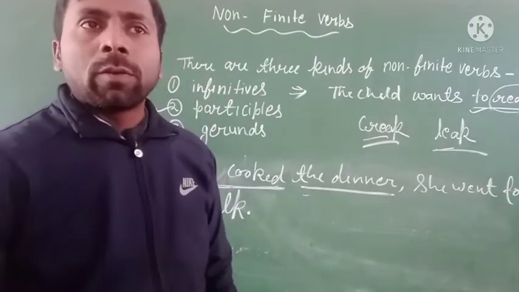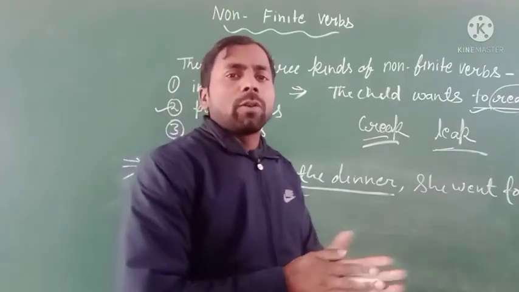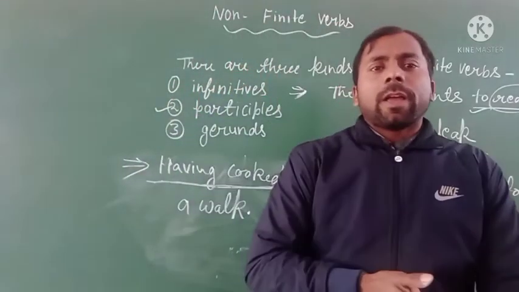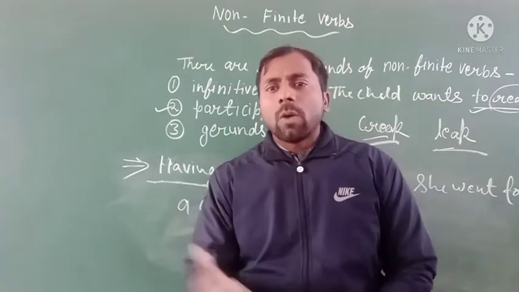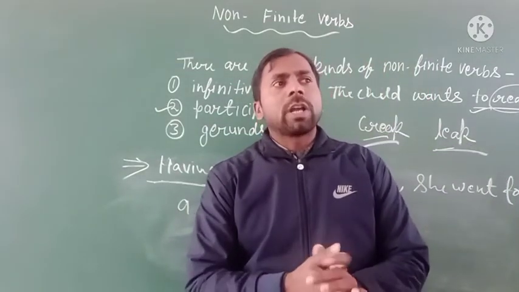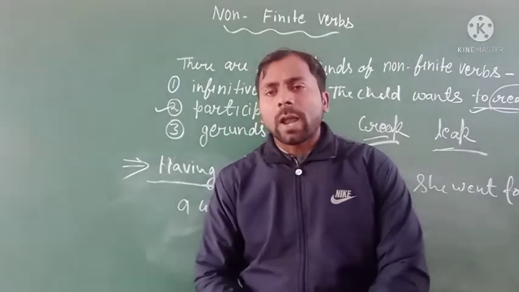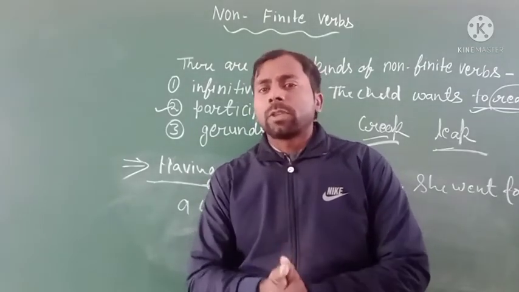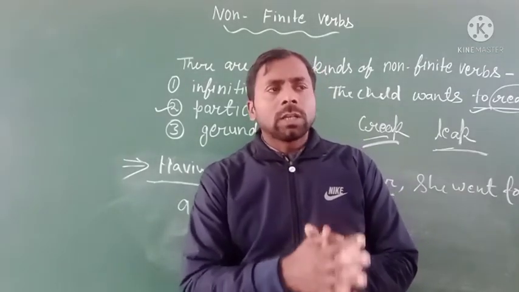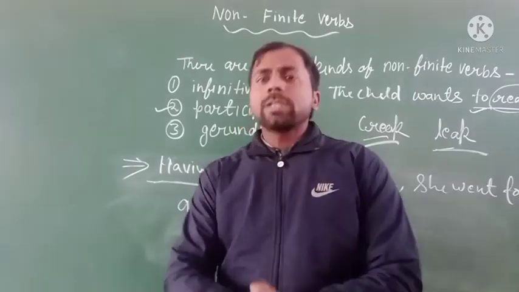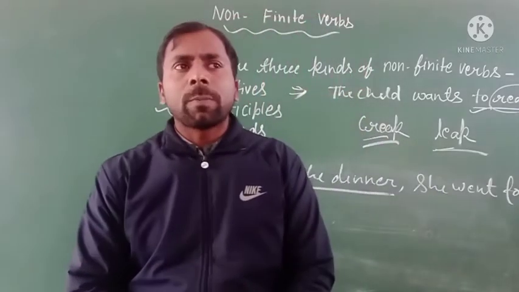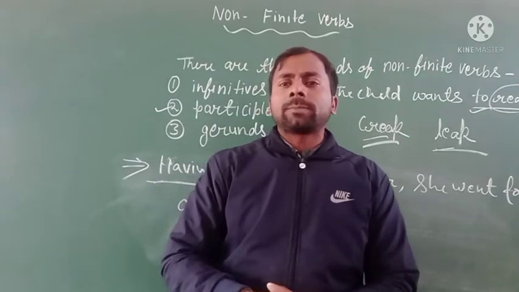So I hope you know about the participle. It has three forms. How many forms? Three forms: present participle, past participle, and perfect participle. With the present participle, you can see the ing form of the verb, and it is used before the noun.